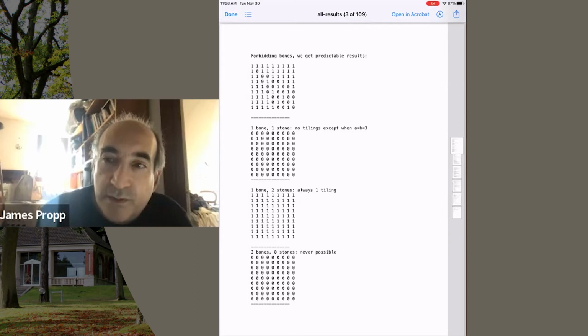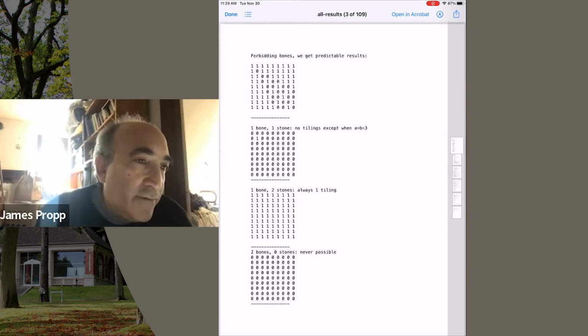Whereas the set of bones, there are 3 kinds of bones related by 120-degree rotations. There are 2 kinds of stones, each of which is a 180-degree rotation of the other. There's a kind of incompatibility between those 2 forms of symmetry. And that means that if you know how many stones you want to allow and how many bones you want to allow, that really determines the problem up to symmetry.